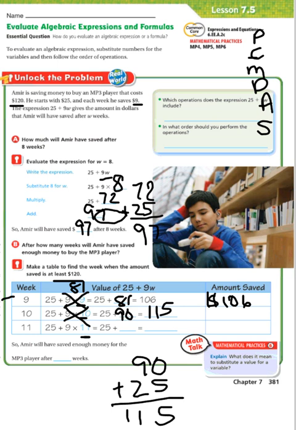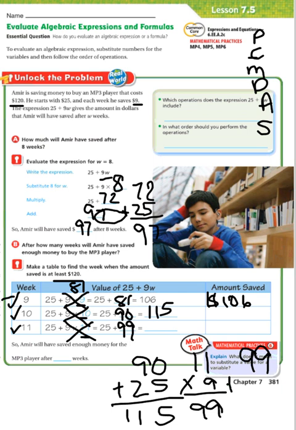Then you do the same thing with week 11. 9 times 11 is 99, and then you do addition: 99 plus 25. 9 plus 5 is 14, carry the 1. 9 plus 1 is 10, plus 2 is 12. So this would be $124, and then you just move your answer over to the amount saved column and add a dollar sign.